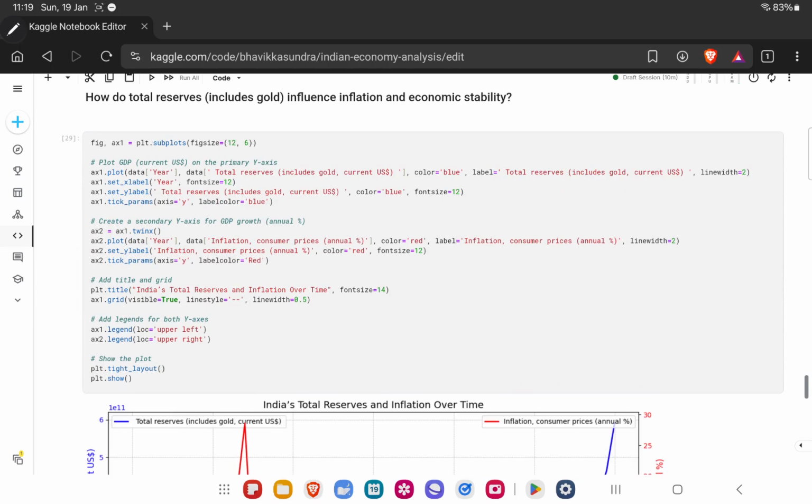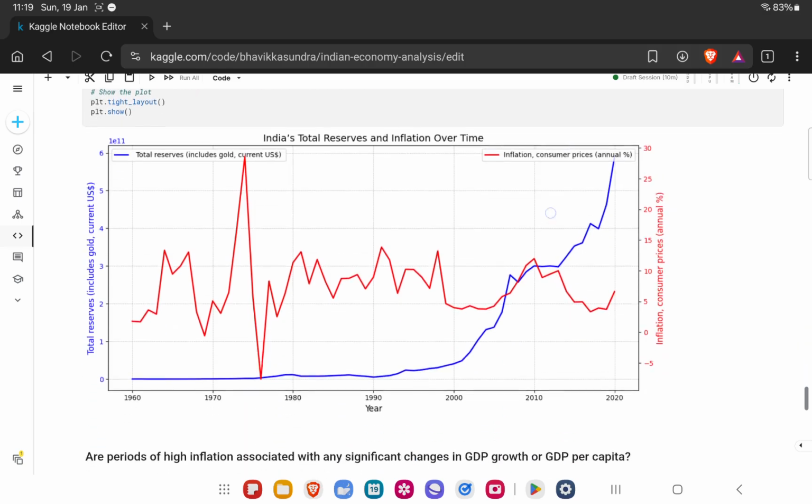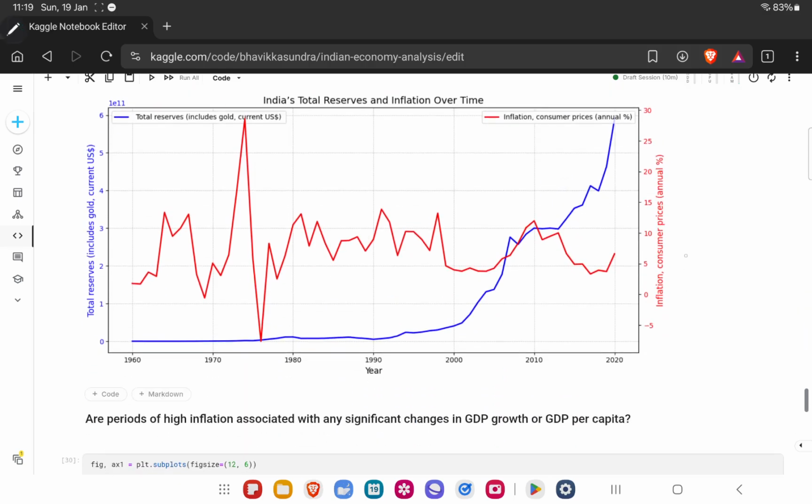How do total reserves, including gold, influence inflation and economic stability? Let's say inflation of consumer prices is in red, and there are total reserves. Here we can see an anomaly, because at this particular time there is one high and one low peak. We don't know the reason.